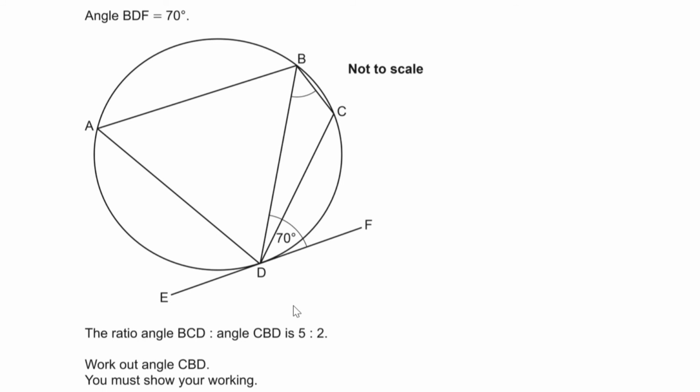So the first thing we can spot is if this angle is 70, that means that the angle BAD, which is this angle here, is also equal to 70 degrees.